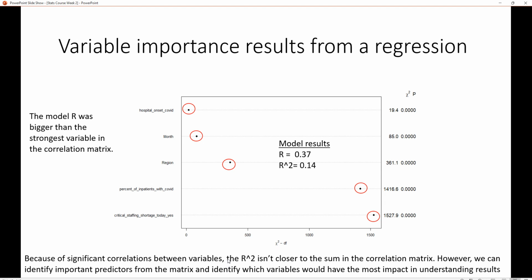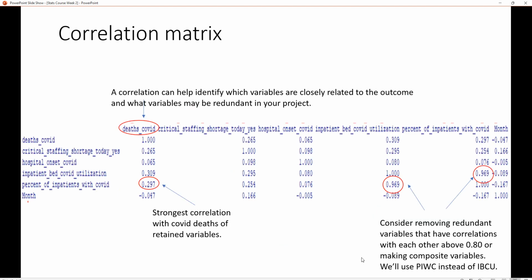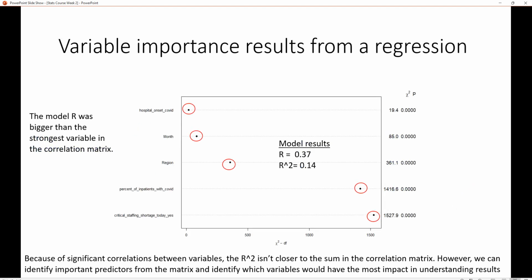Because of significant correlations between variables, the R-square isn't closer to the sum in the correlation matrix. For this, we can't simply add up these correlations for these bottom 5 rows. If they were all uniquely different, adding them up probably would give us a good estimate of the overall R-square.